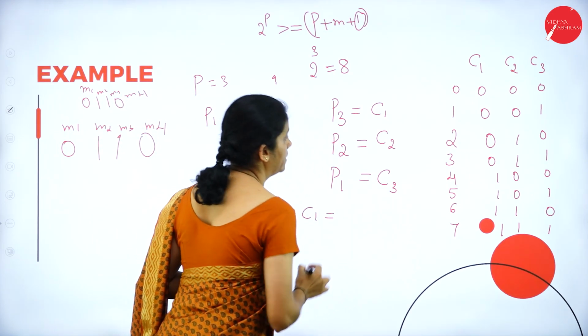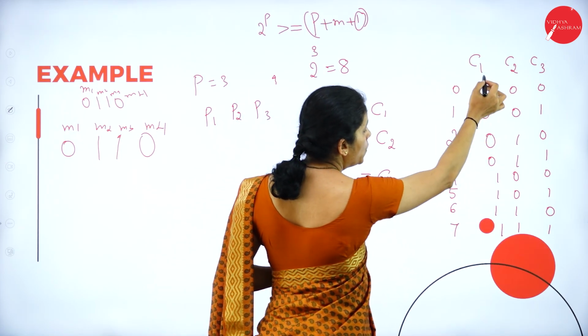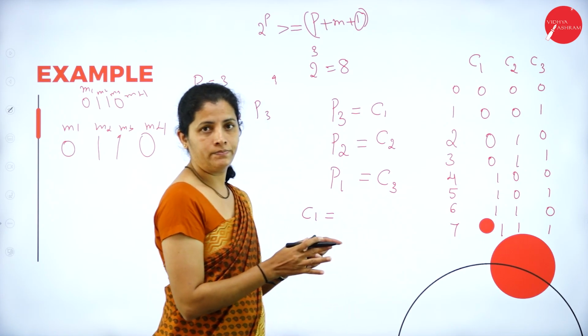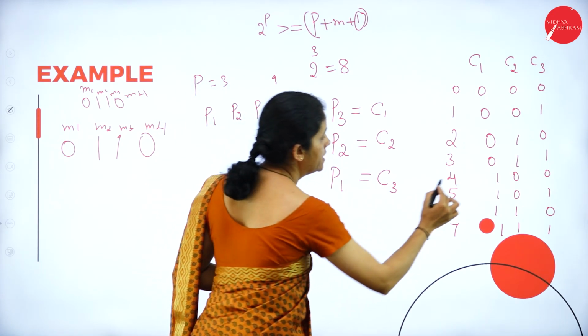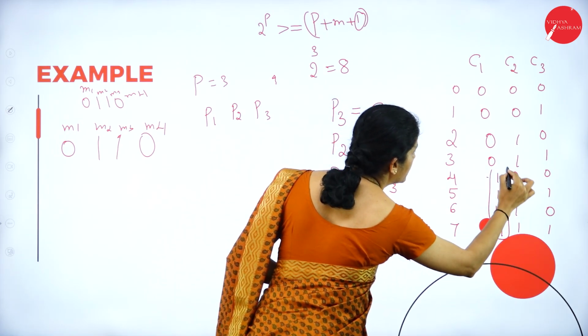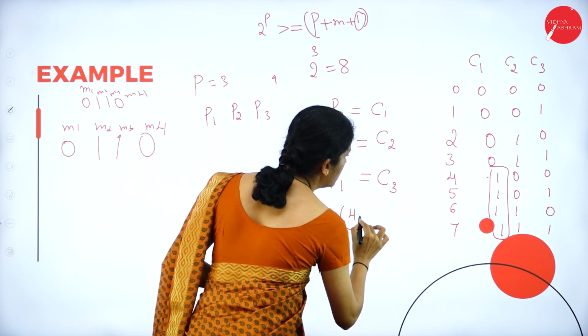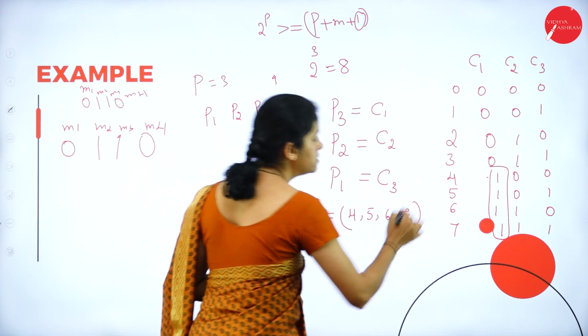If I consider C1, wherever I get 1, I want to consider that: 4, 5, 6 and 7.